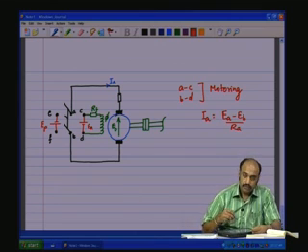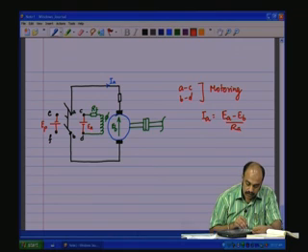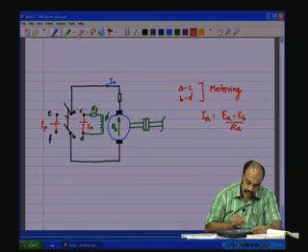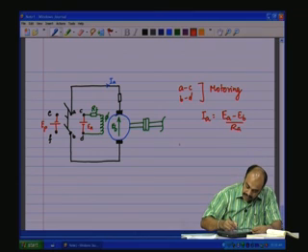Now, when we want to stop, we open this double pole double throw switch and connect it to E and F. So, while braking, A and E are connected, B and F are connected.